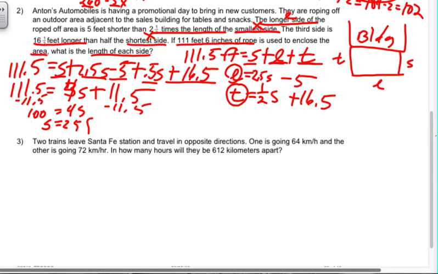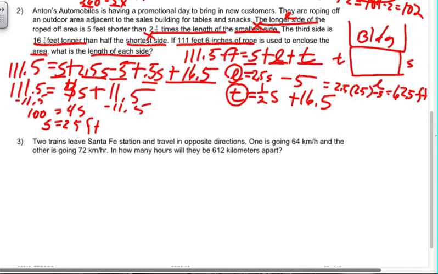Okay, so now I plug that back into here. So that's going to give me 2.5 times 25 minus 5, and that will give me 62.5 feet.